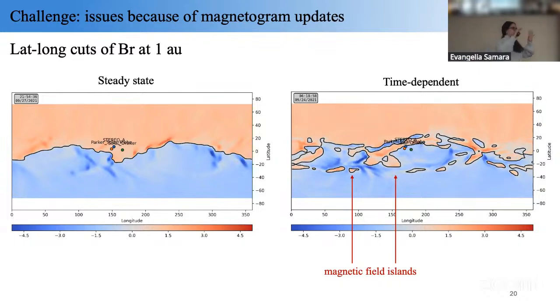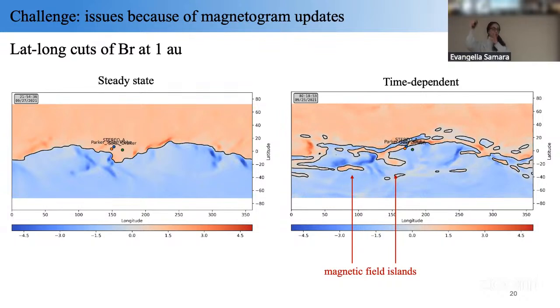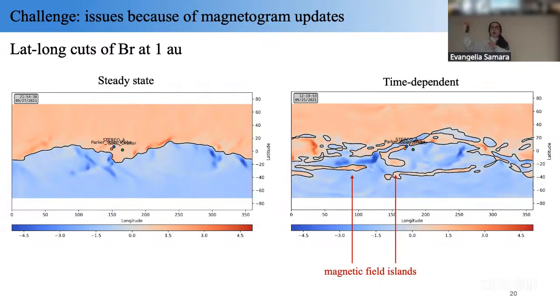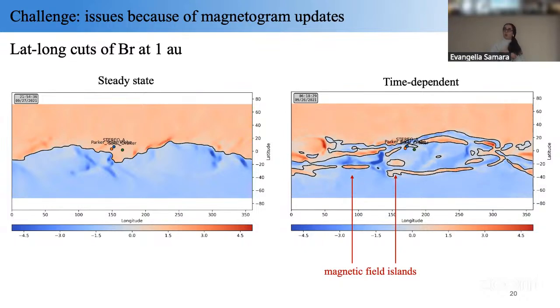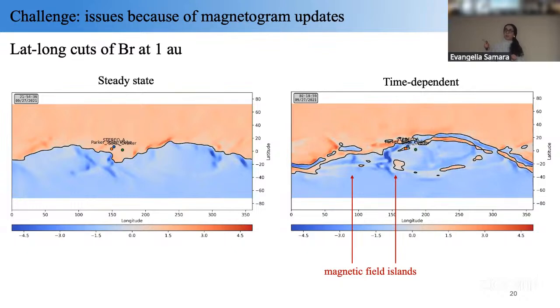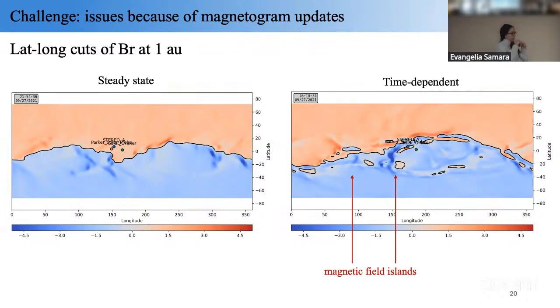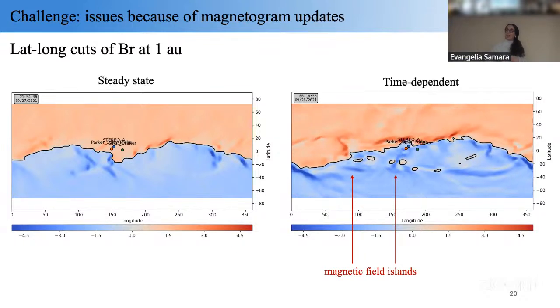It's one, and then it splits into many pieces, and we are not sure how much of this is true, how much of this is caused because of artifacts. And at this point, I need to say that some of these islands are not artifacts, but they should be there and they can be physically explained because they seem to be generated from the folding and the warping of the magnetic field lines that I was explaining before.